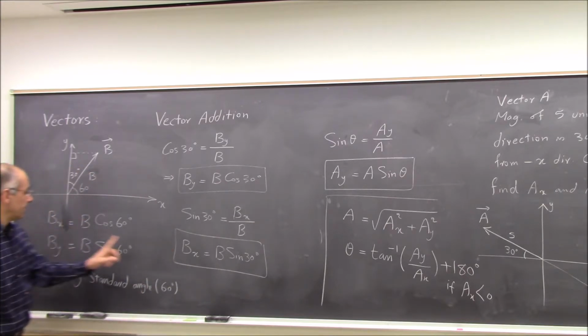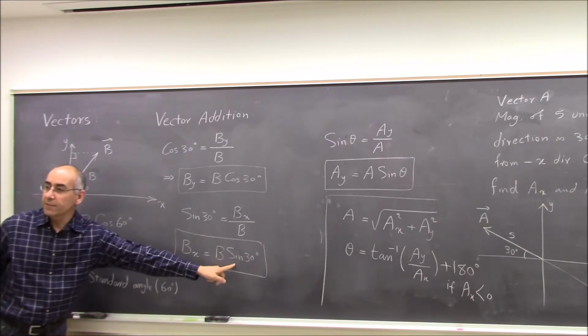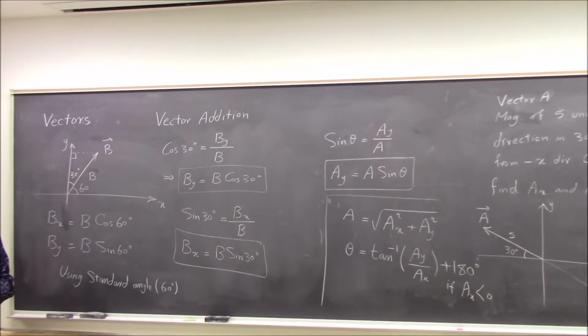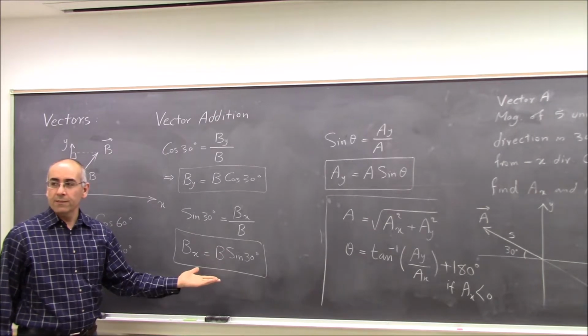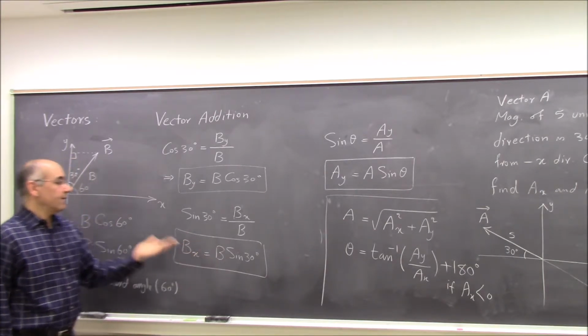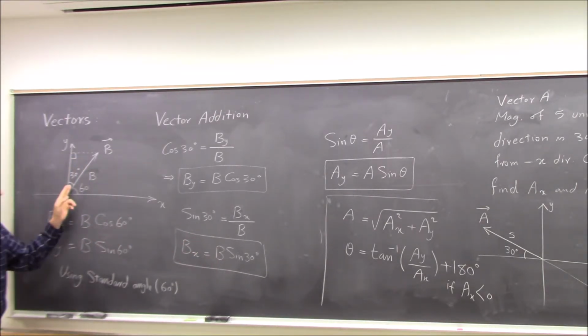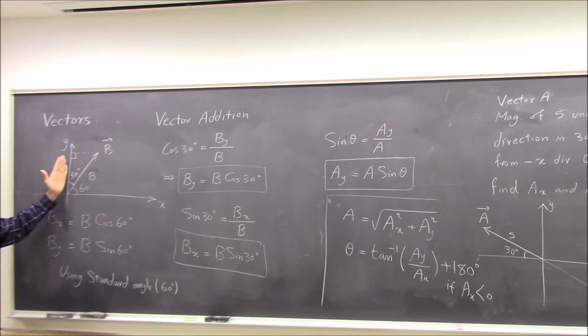It happens that cosine 60 and sine 30 are the same, so you get the same answer. But how do you memorize this, if you want to do it this way? You can look at that angle, the vector and the components. The component that is always adjacent to that angle comes with cosine.